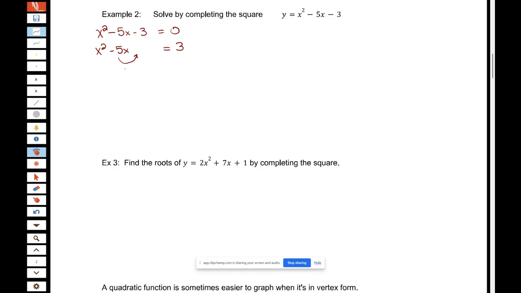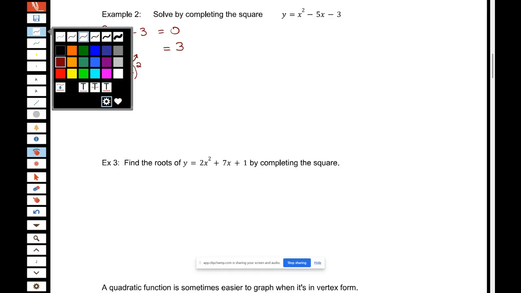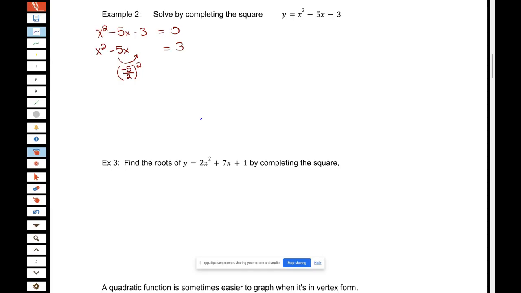So next, I add b over 2, so our b is this time negative, squared, to both sides. So I'm going to add 5 over 2 squared, which is 25 over 4, to this side, and 25 over 4 to the right side, because there's nothing outside of parentheses to distribute.